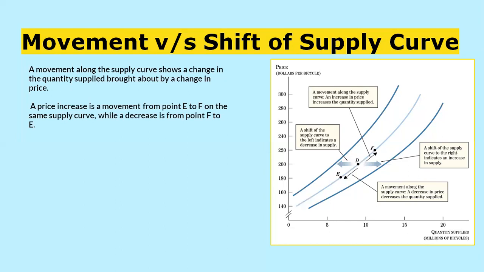A price increase is a movement from point E to F on the same supply curve, while a decrease is from point F to E.